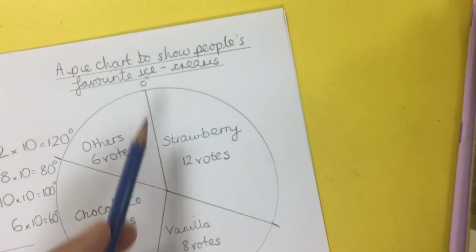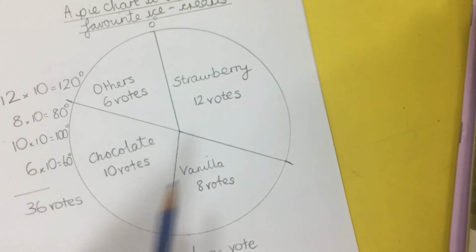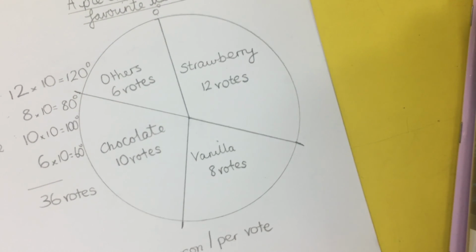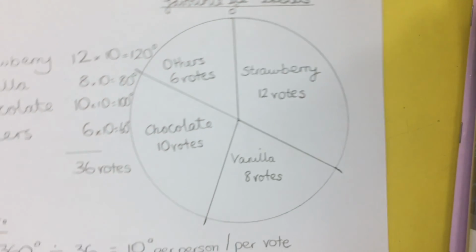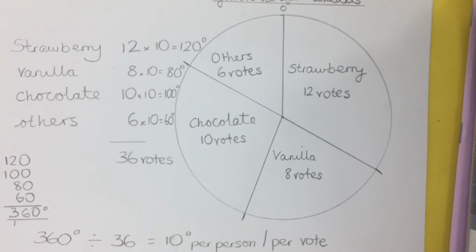And if I wanted to, I could colour in the sections as well, just so that it's really clear that they're different to each other. And that is that.